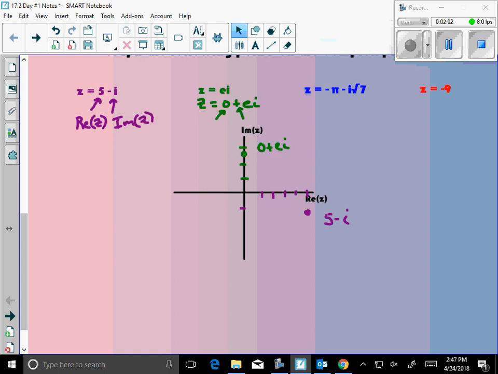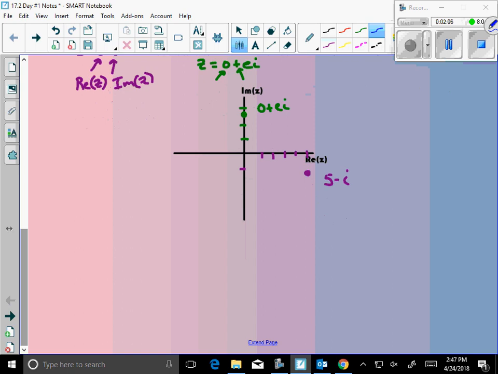Okay, the blue point is going to be in the third quadrant. We're going to go to the left. I think it was negative pi minus i root 7. Okay, we would go to the left 1, 2, 3 in a little bit, right, to pi, and down. Root 7 is between 2 and 3, right, because root 7 is between root 9 and root 4. So it's somewhere between 2 and 3.